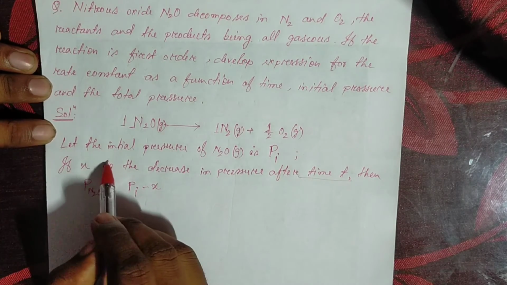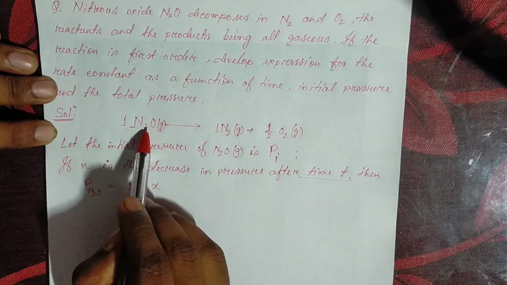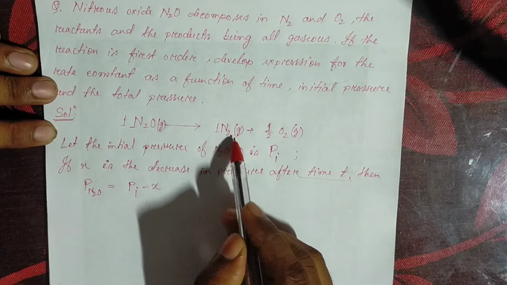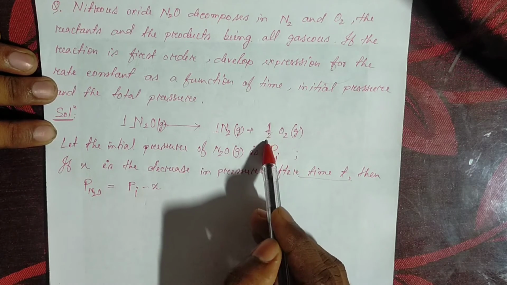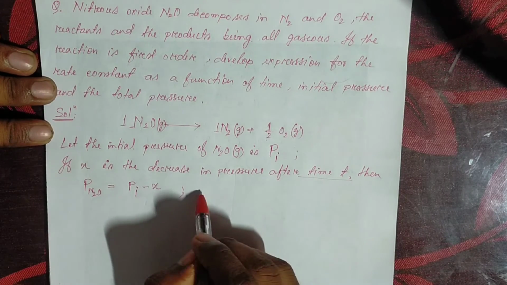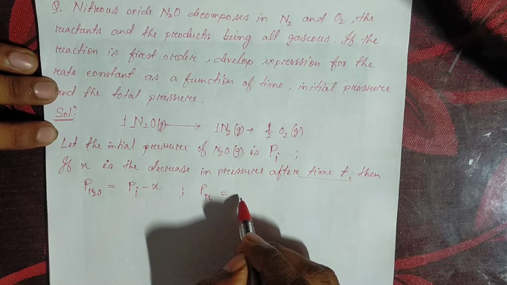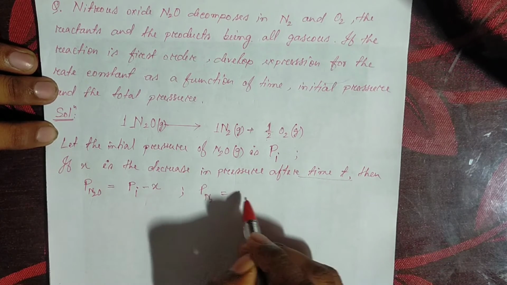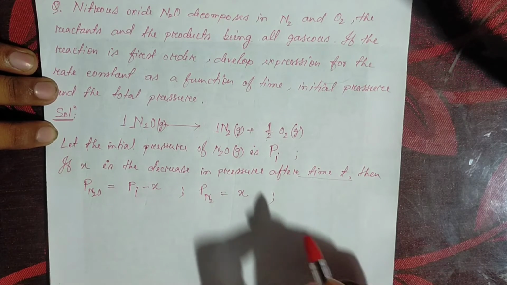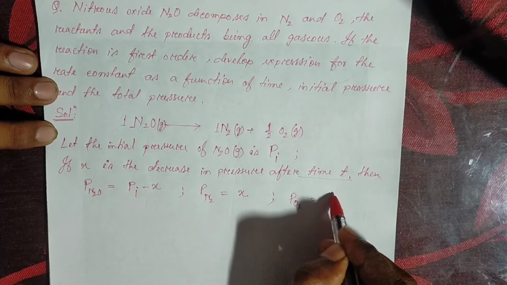Okay, so as X mole of N2O decomposes to X mole of N2 and X by 2 mole of O2, we can write pressure of N2 will be X, and PO2 will be X by 2.